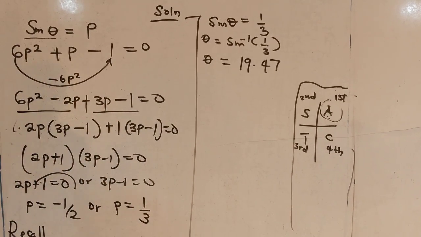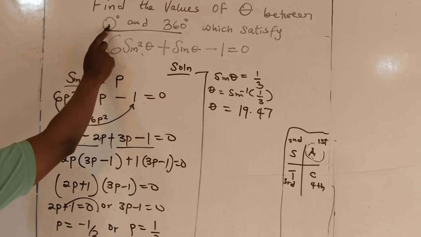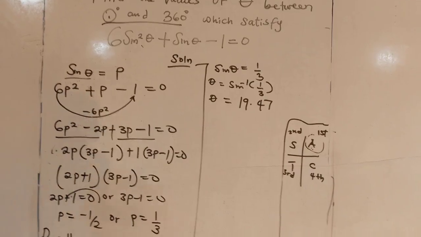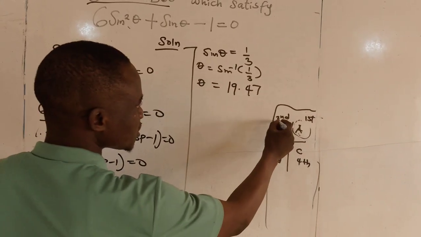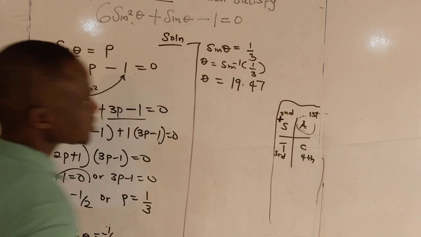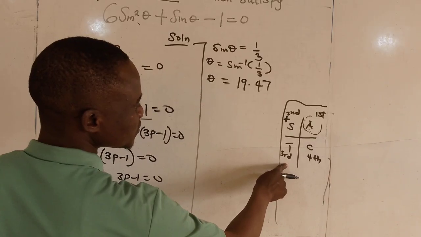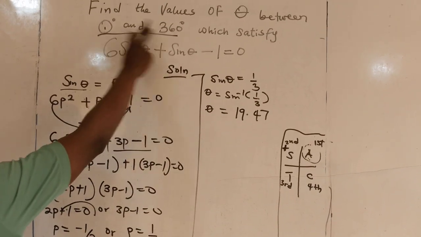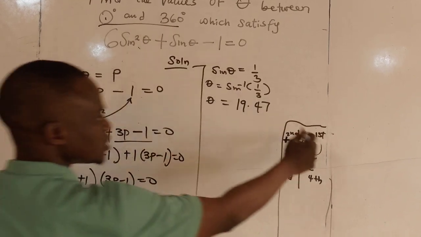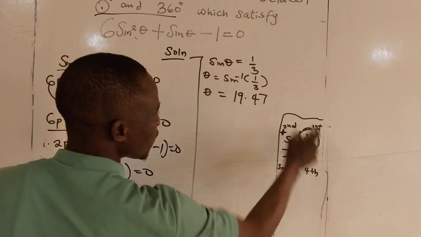Now, they gave us that theta ranges from 0 to 360. Since we are dealing with sine, you look at where sine is positive. Sine is positive in the first quadrant, and it is also positive in the second quadrant.